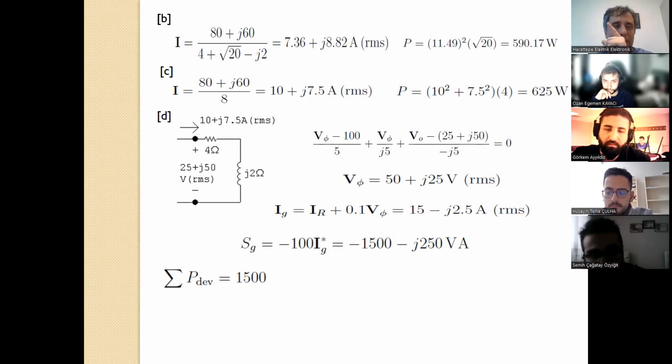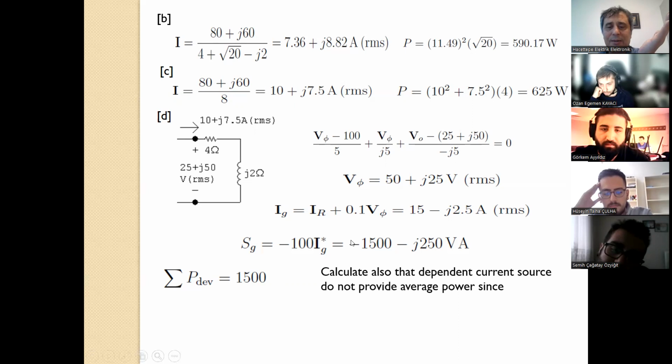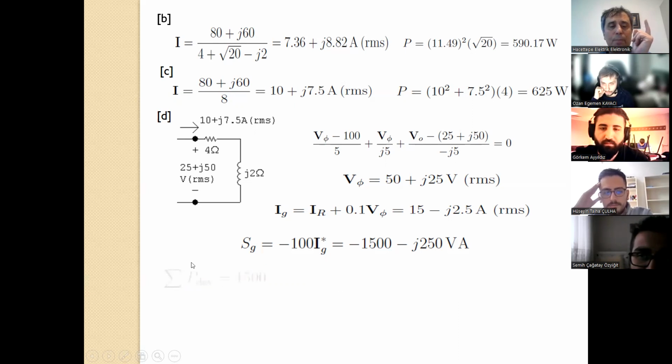The other one is the upper part dependent source. Now I'm calculating first: 1500 watts. This is for the independent source, voltage source. This is minus 1500. If it is minus, so it is developed.